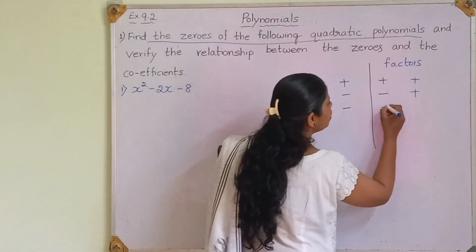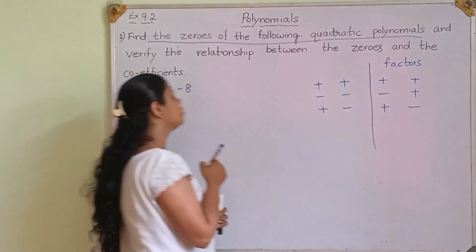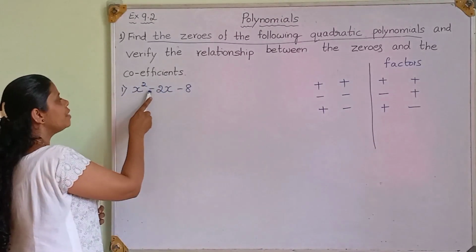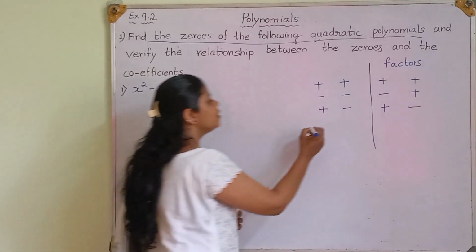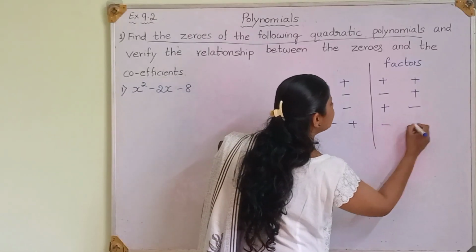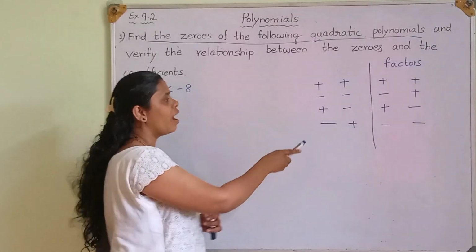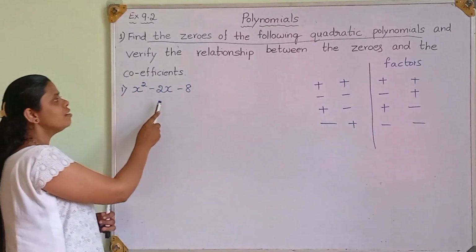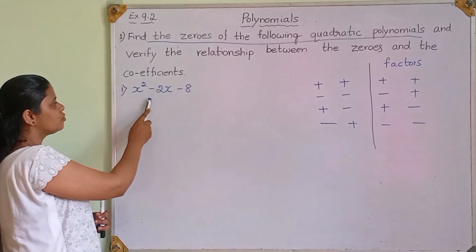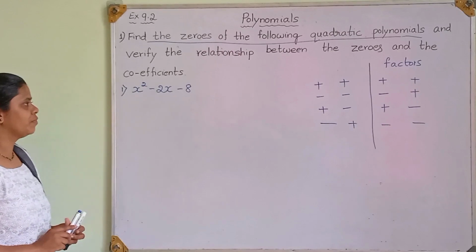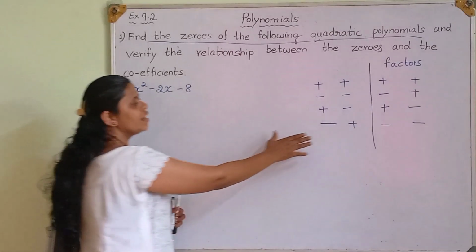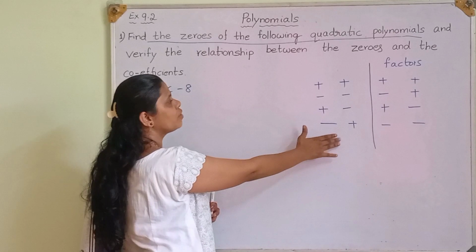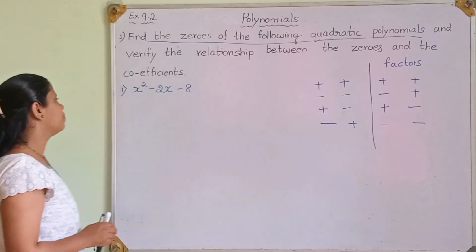If it is minus plus, we will get minus minus. You have to remember this table so that it is helpful to solve the quadratic equation. It is just a hint so that you can do it without mistakes.